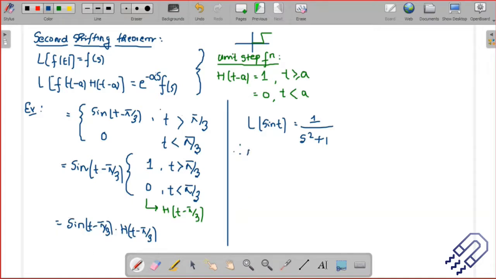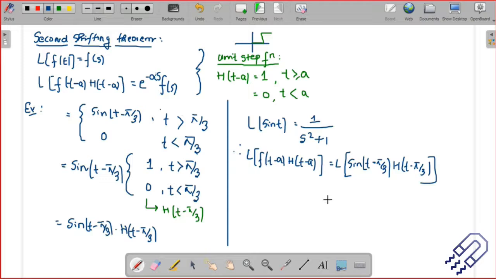We take the Laplace transform of f of t minus a times h of t minus a, which is L of sine of t minus pi by 3 times h of t minus a. I'm doing it slowly because this is the first one we're doing on the second shifting theorem. My a is again pi by 3.